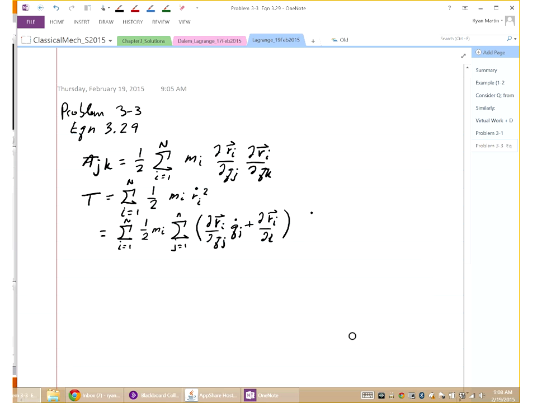Then we also have another sum. You may have learned in math that you always use a different index when you have a different sum. Q dot K plus del R_i.